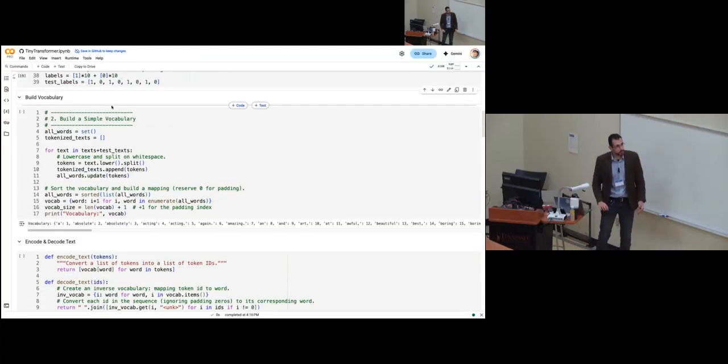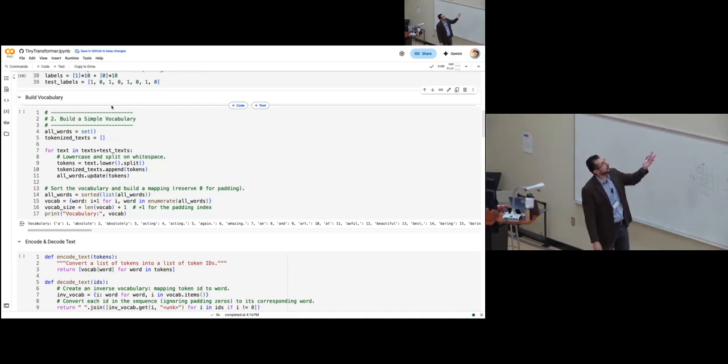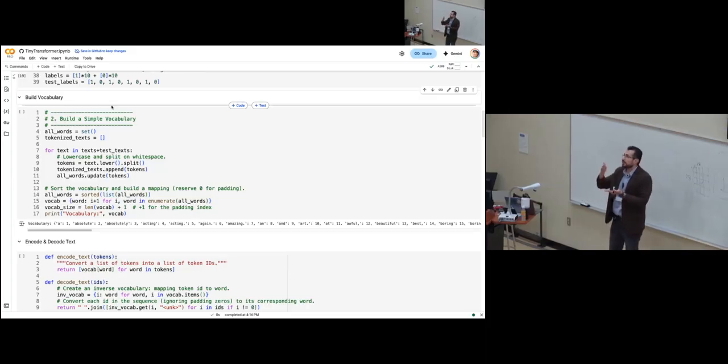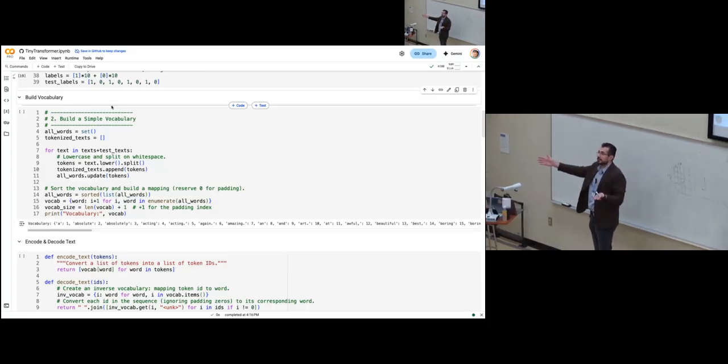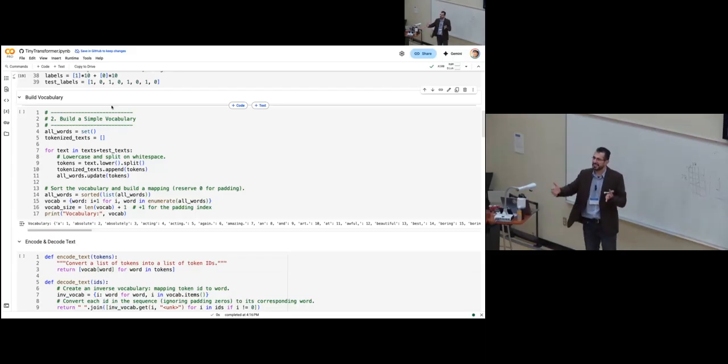Well, first, we need to do some sort of tokenization on this data. And the simplest thing that I can do is build a vocabulary based on the unique words that were used in this data set. So my vocabulary is not the entire dictionary because I wouldn't have been able to train it in the demo. I'm cheating a little bit and saying that the training set and the test set is the entire world of natural language, and that's all I care about.